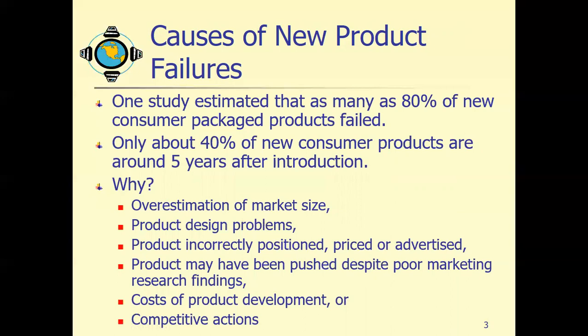Cost of the product, if it is too high. If there are competitive actions, like intensity or unfairness in the competition, due to the nature of the market, there may be the experience of failure of a new product.